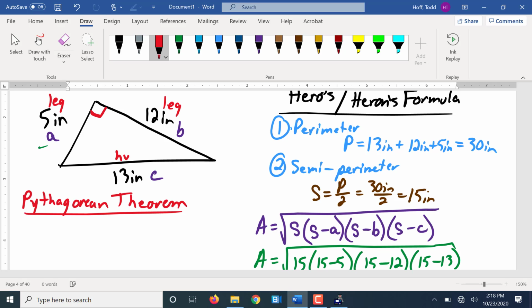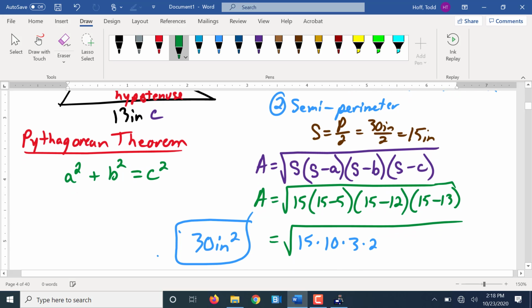The side opposite the right angle is the hypotenuse. Hypotenuse is always the longest side of the triangle. So the Pythagorean theorem is a squared plus b squared, where a and b are the two legs, equals c squared.